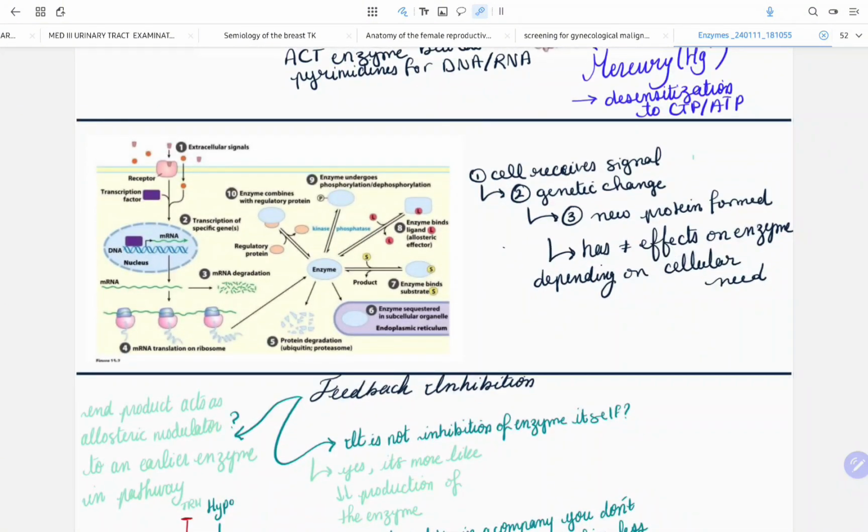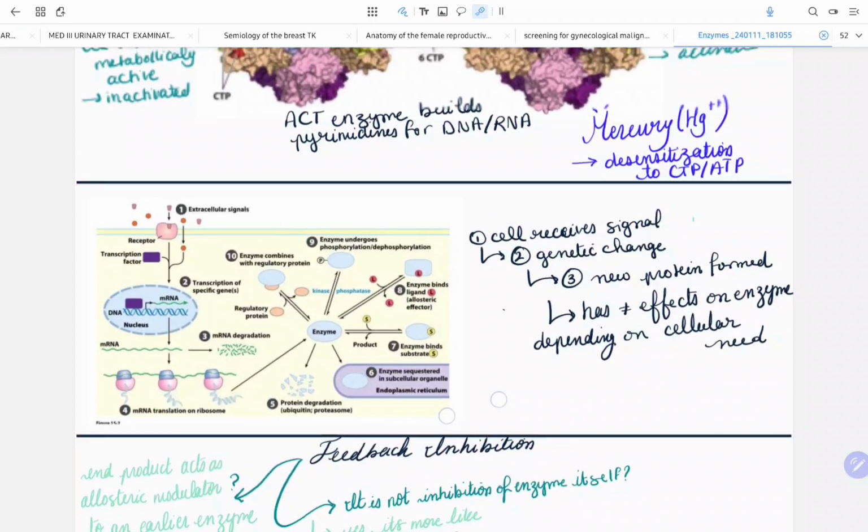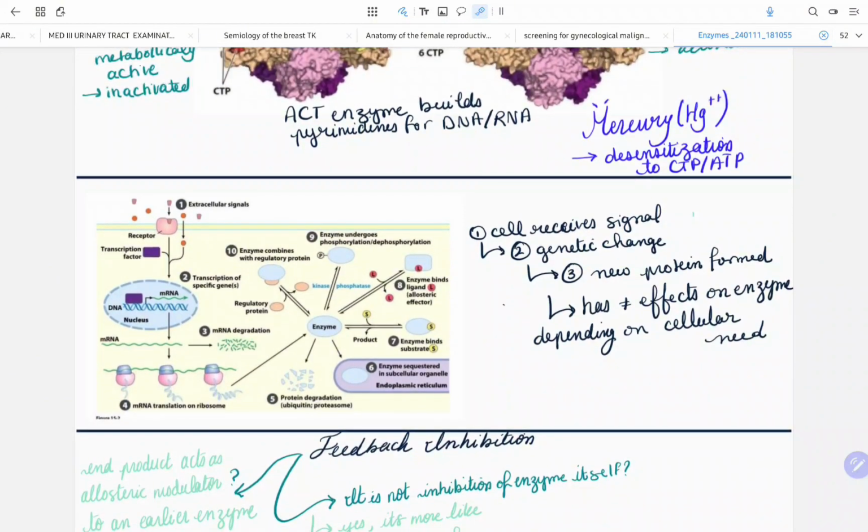Now, this is just a reiteration of what I have previously explained about the modulators of enzymes. So let's say a cell receives a signal, for example in the form of a hormone, and this causes a genetic change that leads to transcription and translation of new proteins.